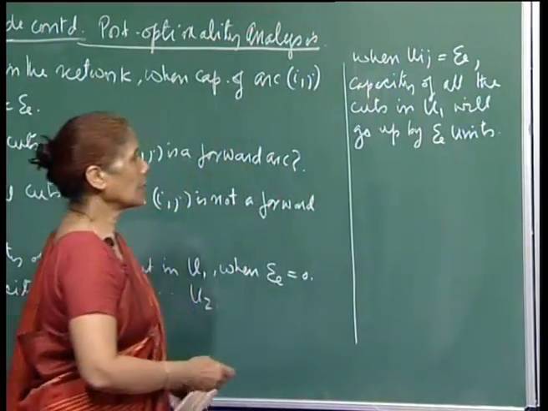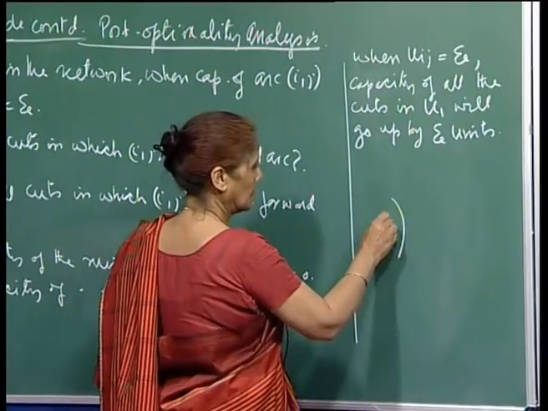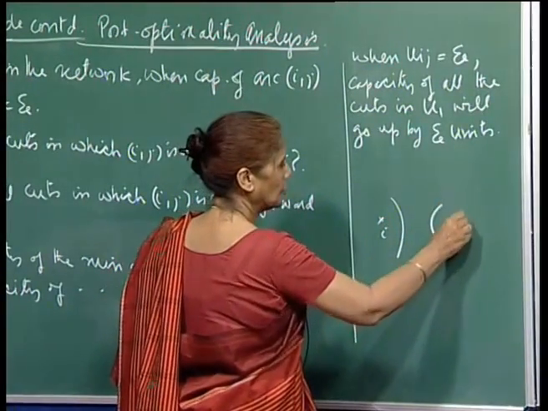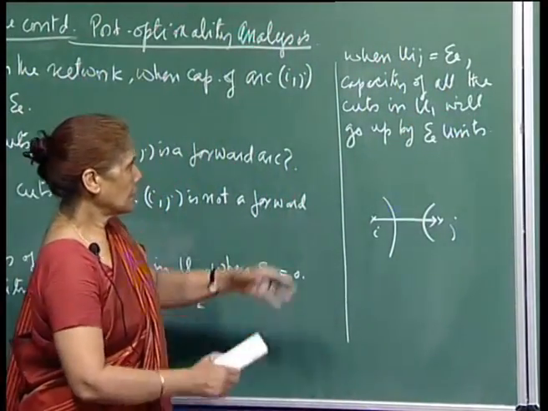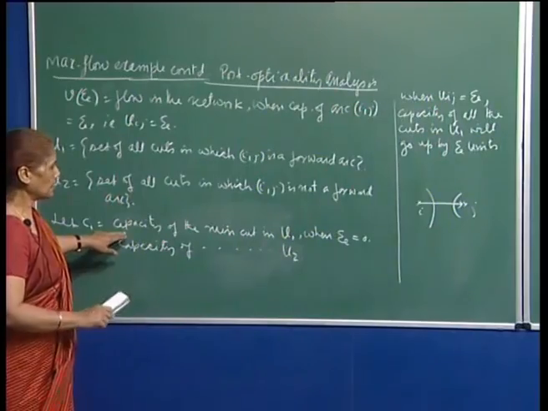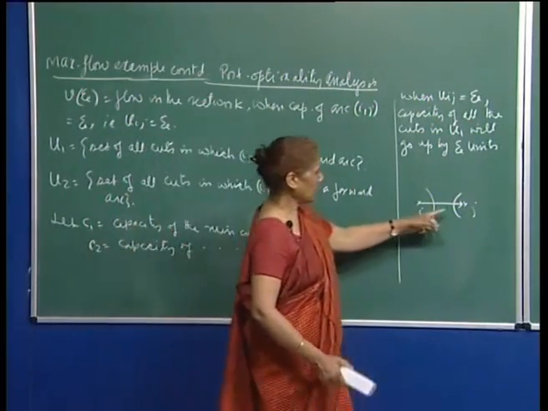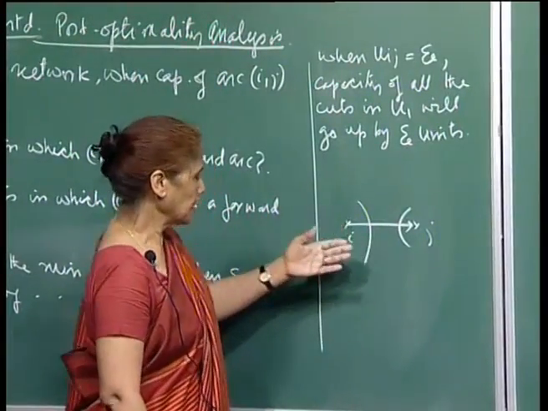It should not look at all complicated, because as we said, since i is here and j is here, this is a forward arc. C1 was computed as the capacity of a minimum cut when psi was 0. Now, if I increase the capacity of this arc, then the capacity of all the cuts will go up by psi units, right.